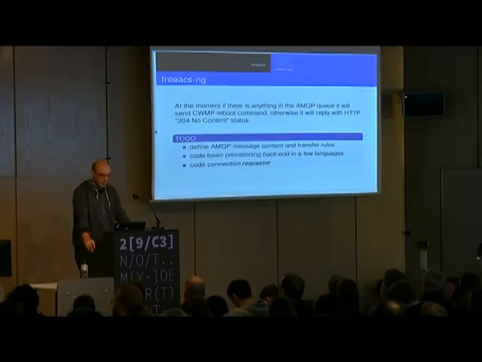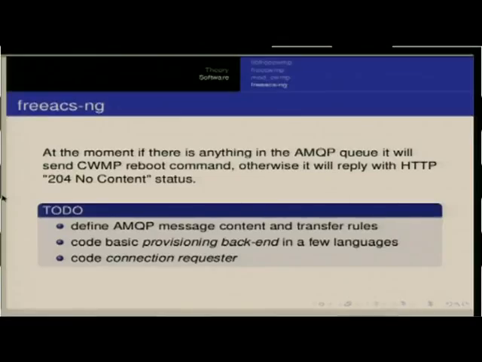Okay, so at the moment, if there is anything in the queue, FreeACS-NG will only send a reboot command. Otherwise, it will reply with no content. So on my to-do list is to define how these exchanges and queues should work together and find the best way to do this.